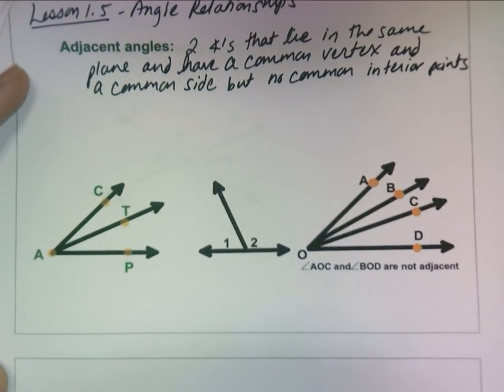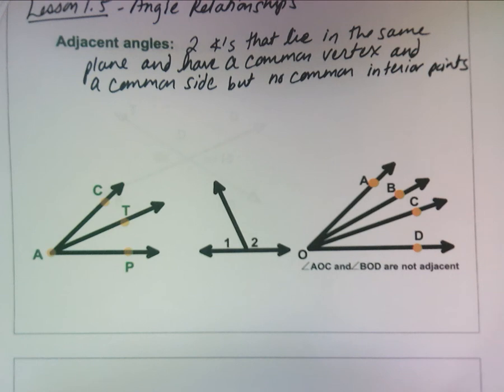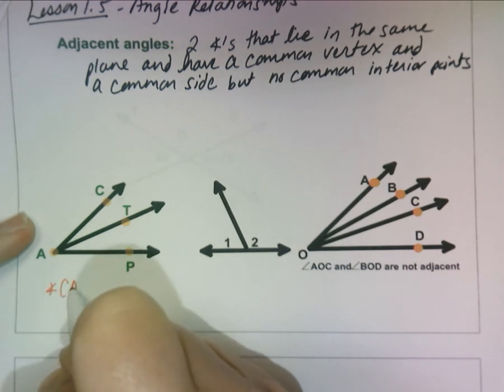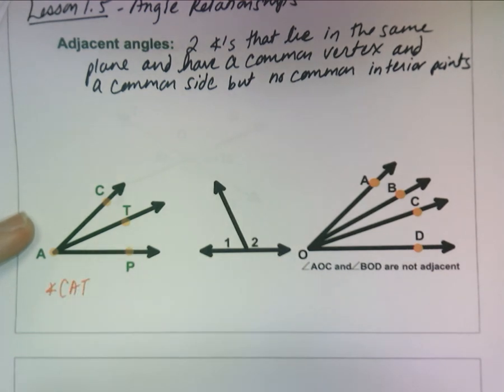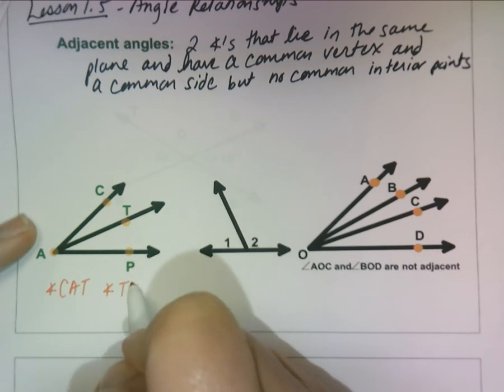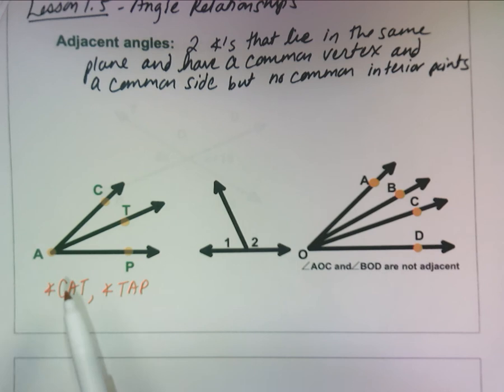So, adjacent angles, like I've given you right here, changed from black marker to red, would be angle CAT. Angle CAT would be adjacent to angle TAP. They both share a common vertex.